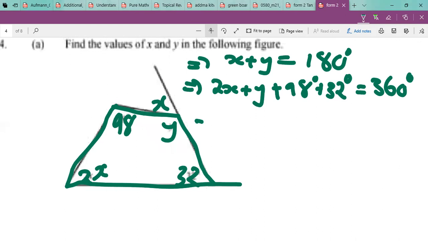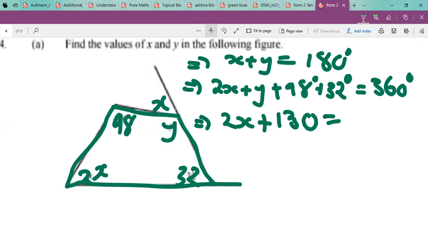This implies that you have got 2x plus y, so you add 32 to 98, you're going to get 130 degrees.